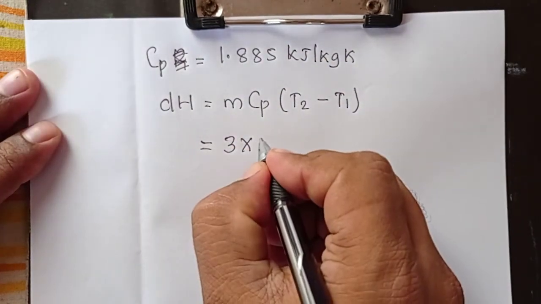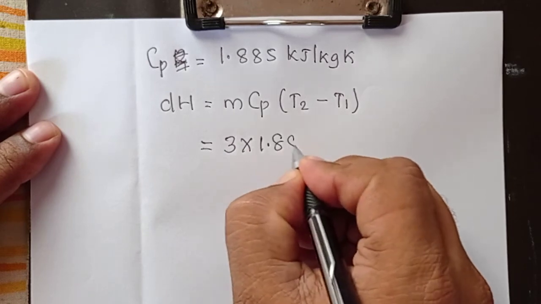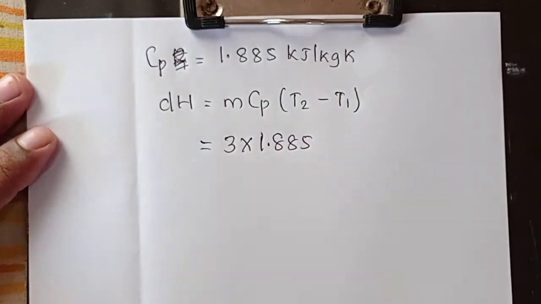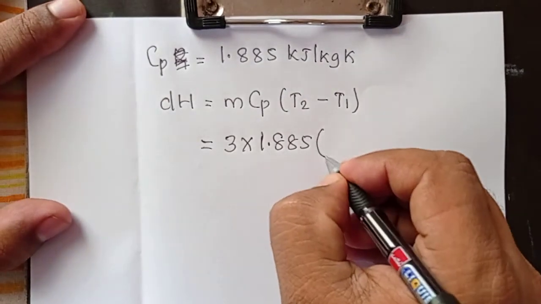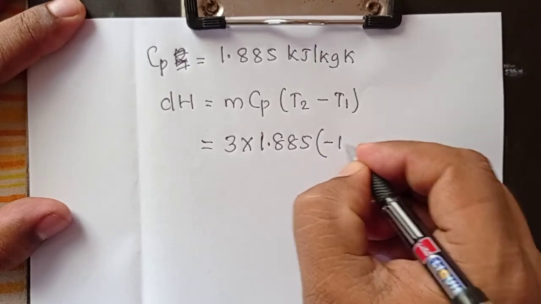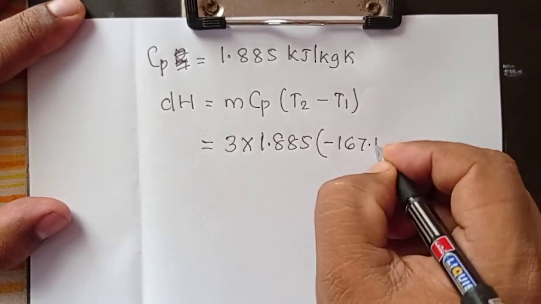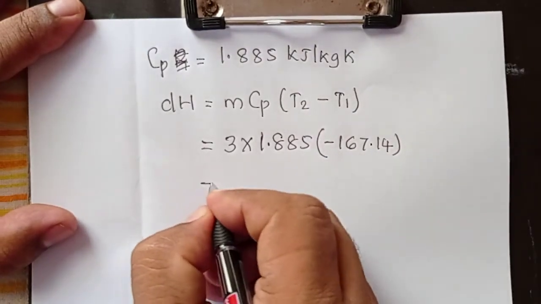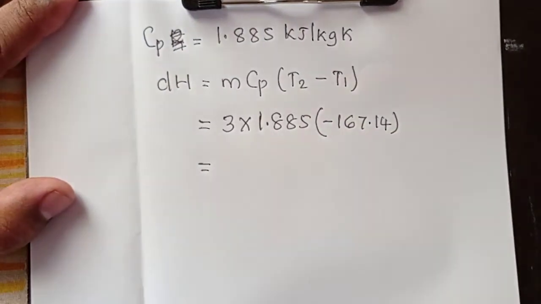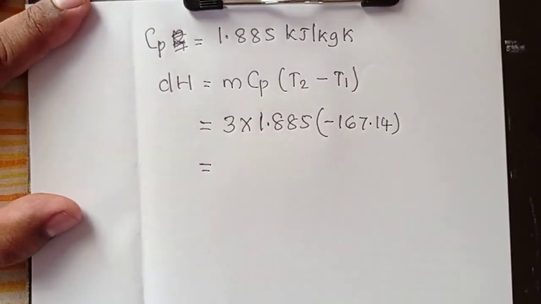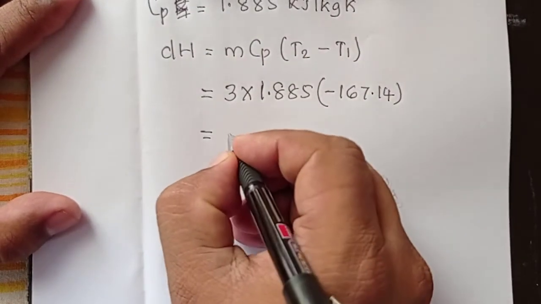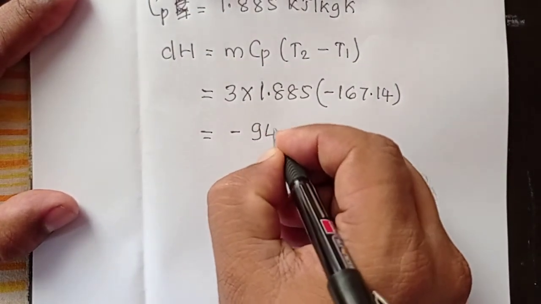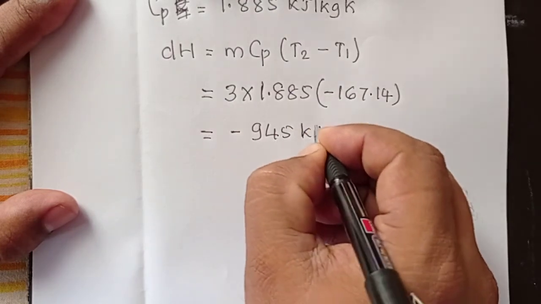So 1.885, and then you have found out the value of T1 minus T2 as 167.14. So I can write the reverse of that, T2 minus T1, as minus 167.14. After substituting these values and calculating, we will get the answer as 945 kilojoules.